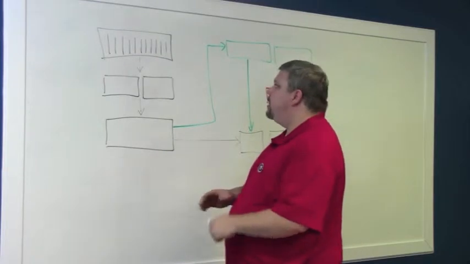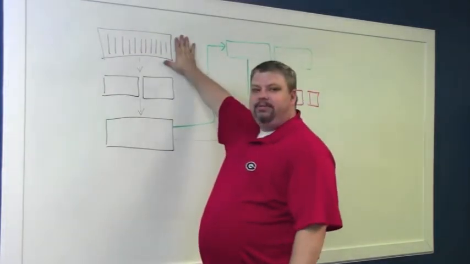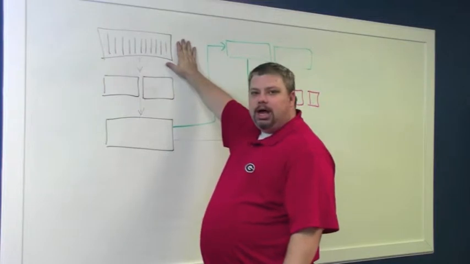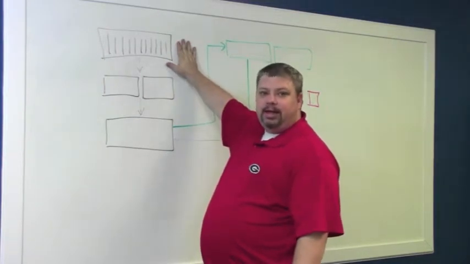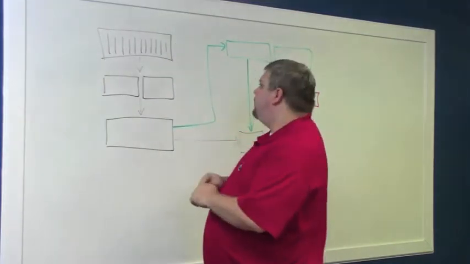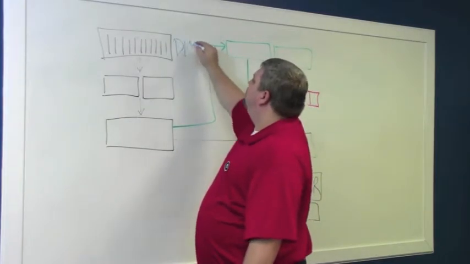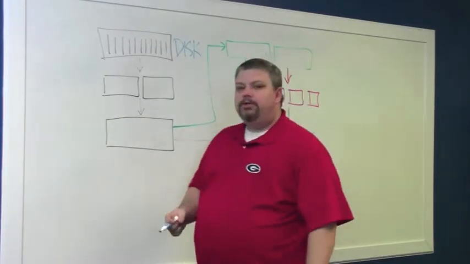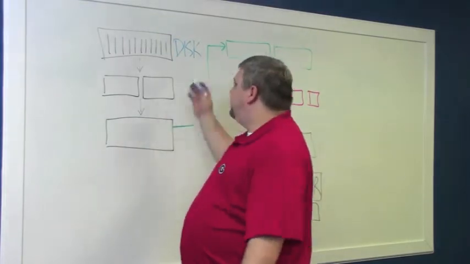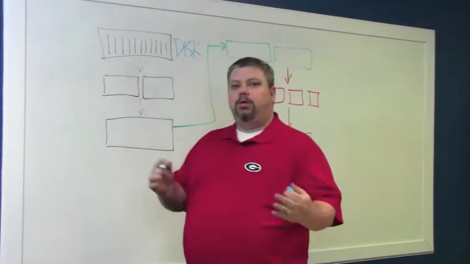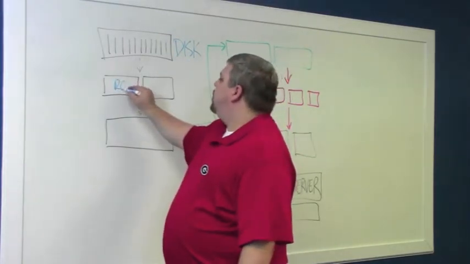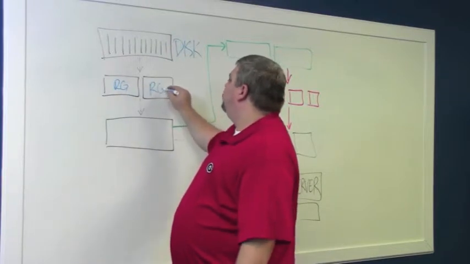So right here I've got my disks. I might have one, I might have 3, 5, 10, 2,000, whatever, but these are my disks. The first thing I'm going to do is put these disks together in what's called a RAID group, and I might have multiple RAID groups.